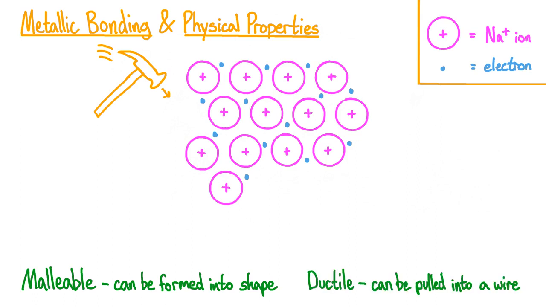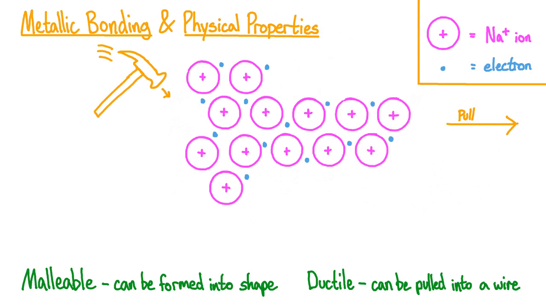Metals are also ductile, meaning they can be pulled into a wire for similar reasons. When a tensile force, or a pulling force, is applied, the lattice can rearrange laterally to form the shape of a wire. Thanks again to the freedom of motion provided by the sea of delocalized electrons.